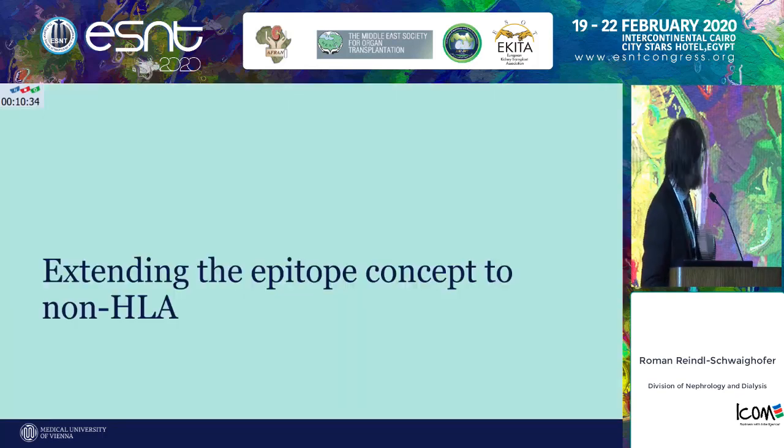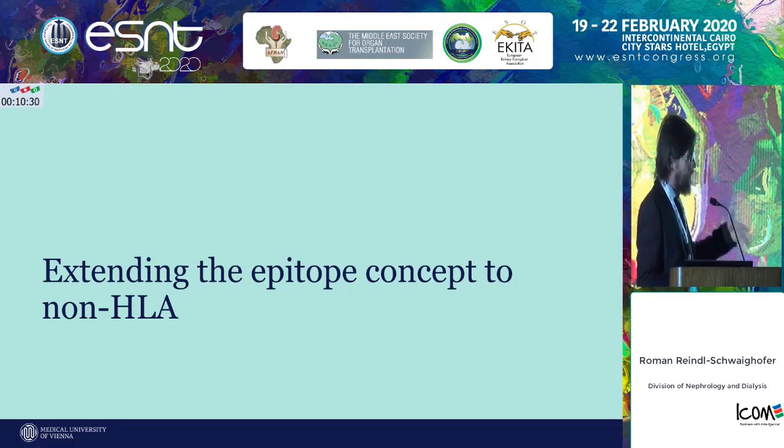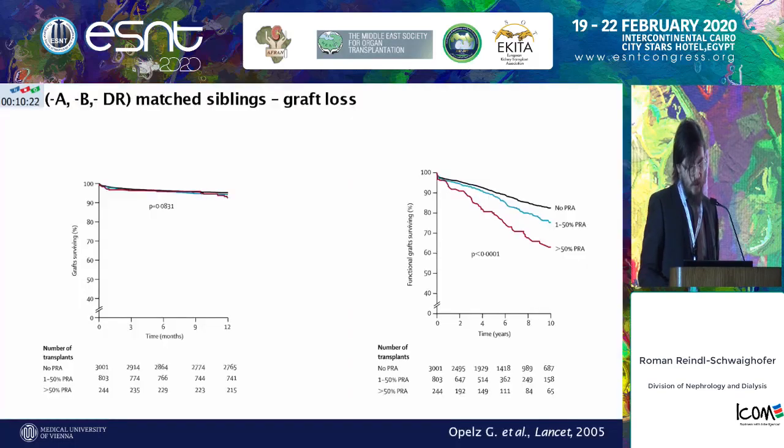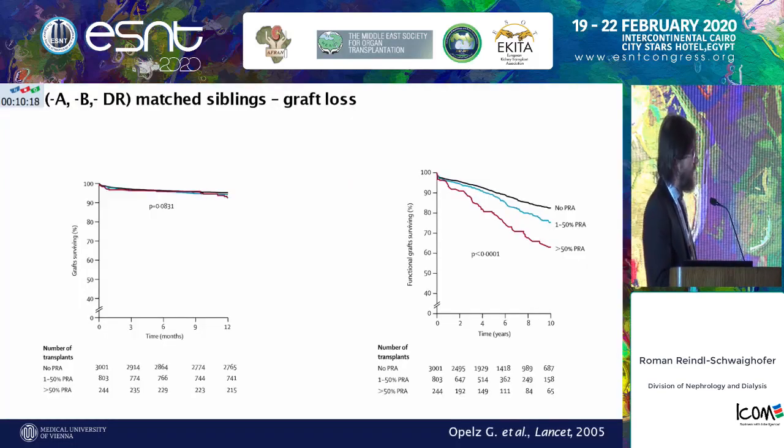And our own work now tried to evolve this concept, as was nicely laid out by the previous speaker, to non-HLA polymorphic cell surface structures. This is again a quote from Opelz's work from the CTS in HLA-matched siblings, and they specifically looked at patients who had positive panel-reactive antibody results despite having no HLA mismatch.